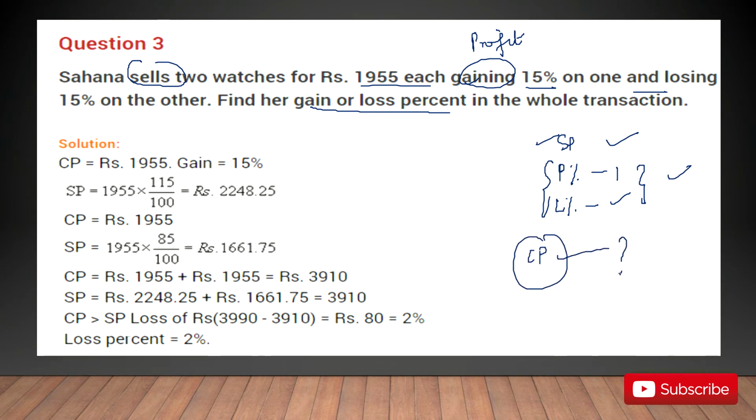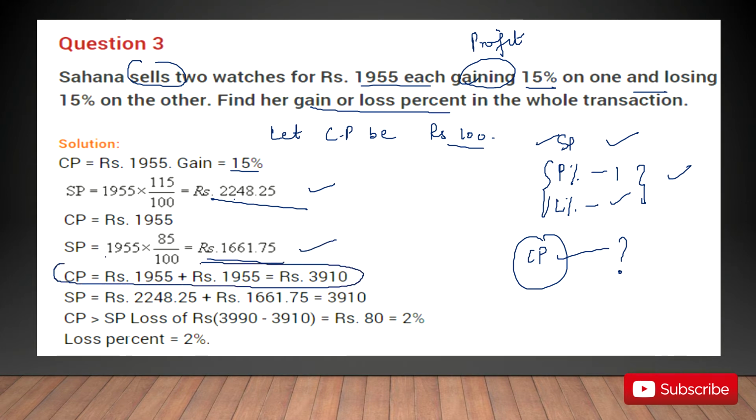So in order to calculate the cost price, selling price is equal to 1955 into 100 upon 115. What I have done is I have assumed let the CP be rupees 100. The gain is 15%, that means the selling price is 115. For the second one also, I get the cost price the same way. Now I am going to add both the prices together.